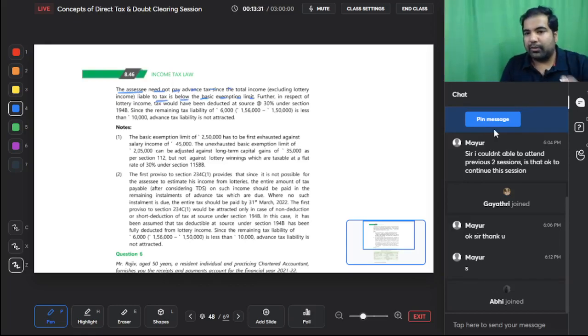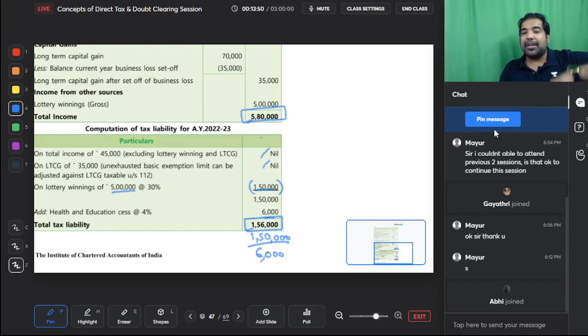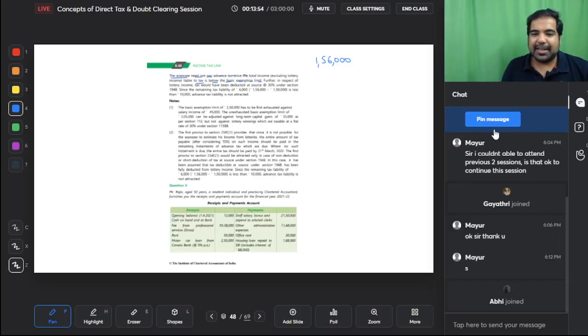Further, also whatever you had to deduct, so basically you had to pay 1 lakh 56,000. As you can see, you had to pay 1 lakh 56. Out of that, 1 lakh 50 has been deducted under TDS. So your liability is only 6,000, and since it is not greater than 10,000, there is no advance tax. Remember, advance tax is only if your tax liability after TDS is more than 10,000. So in this case, there will be no TDS liability.